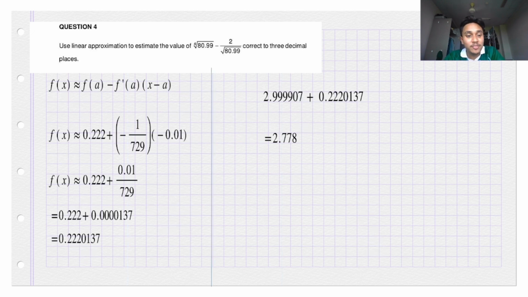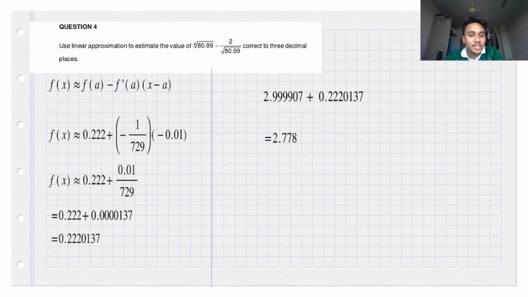We do the same as before. If you want to find g(x), we use the formula g(a) plus g prime a times (x minus a). So we put the number negative 1 over 729 multiplied by negative 0.01. So we're going to get 0.01 over 729.